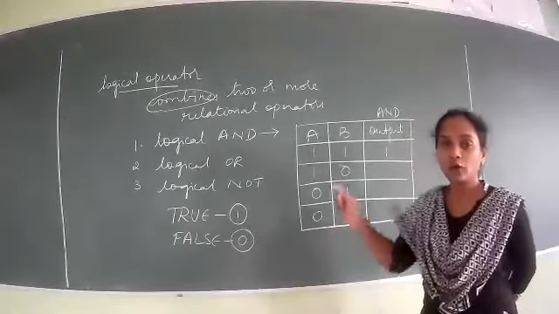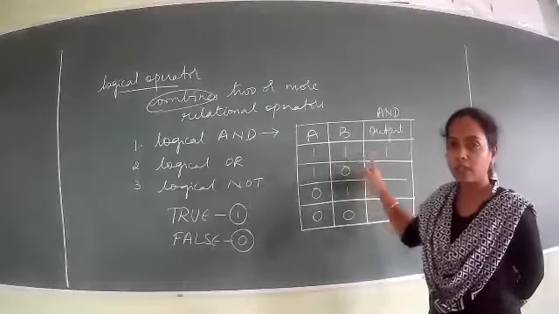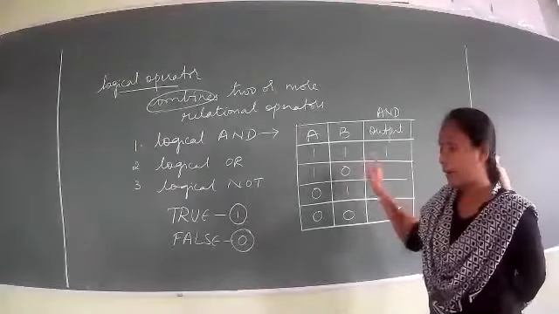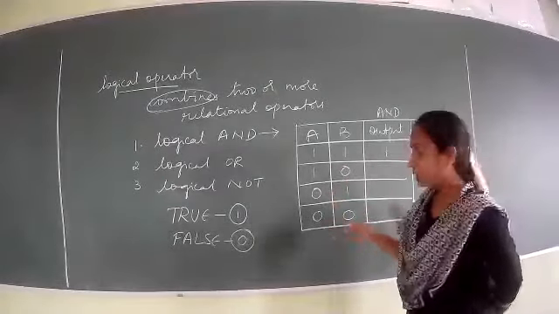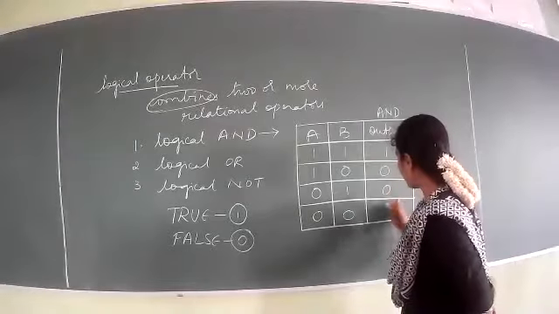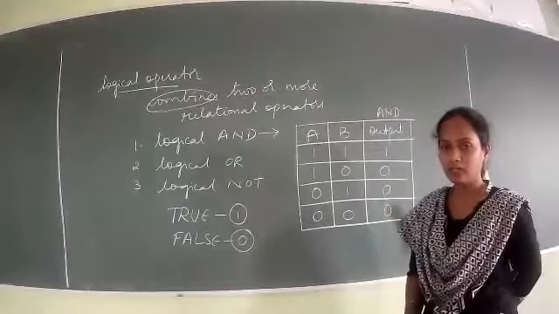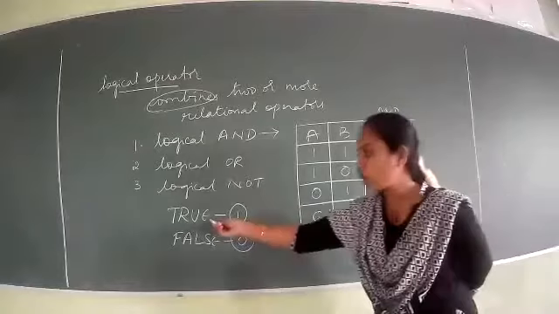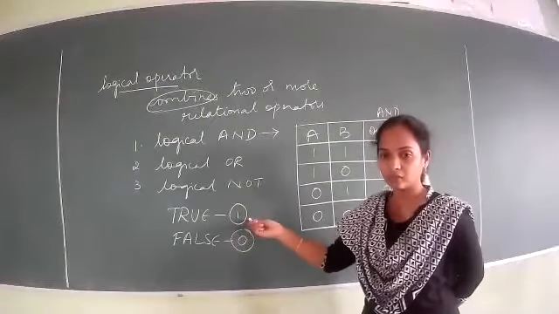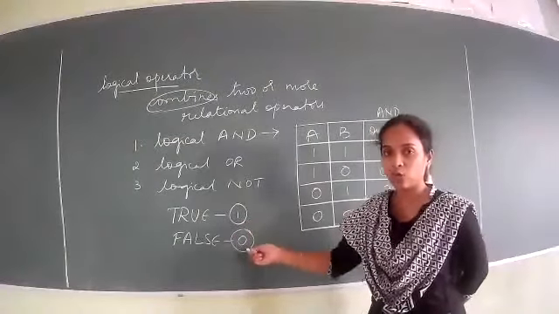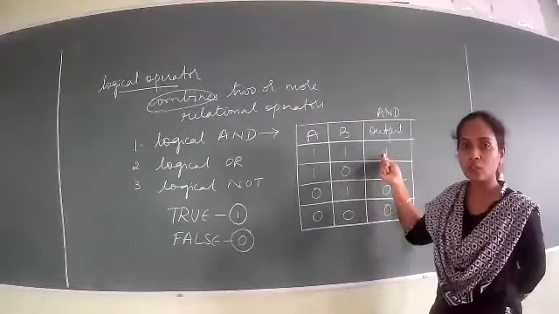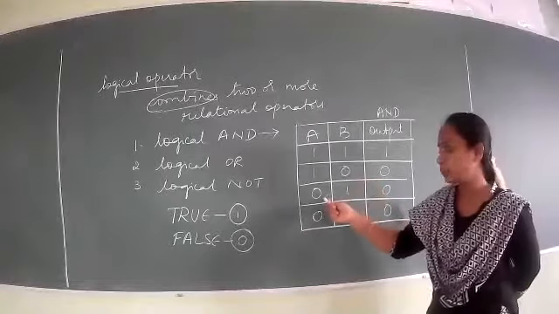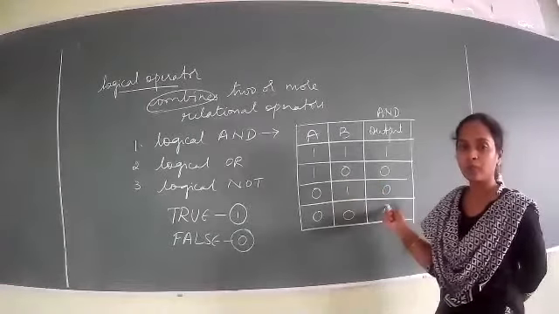Is it clear? Only when the two inputs are true, the output will be true. In the other cases, if either one of the inputs is false, then the output will be false. Understood? Instead of writing true and false, I am taking the value of 1 and the false value of 0. So here, when both the inputs are true, the output is true. If any one of the inputs is false, the output will be false.